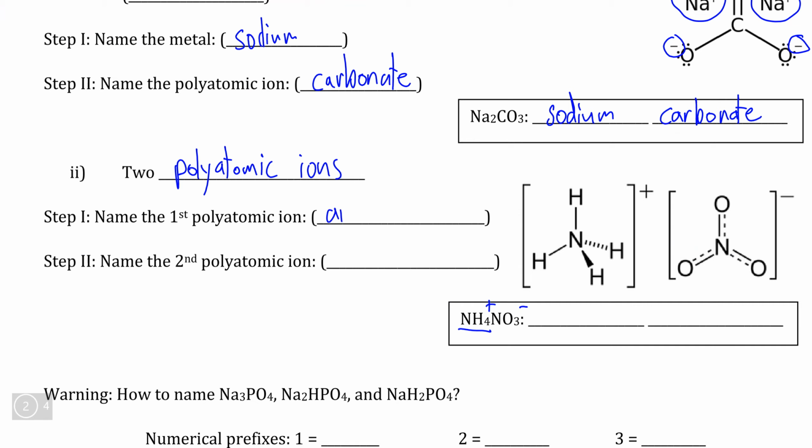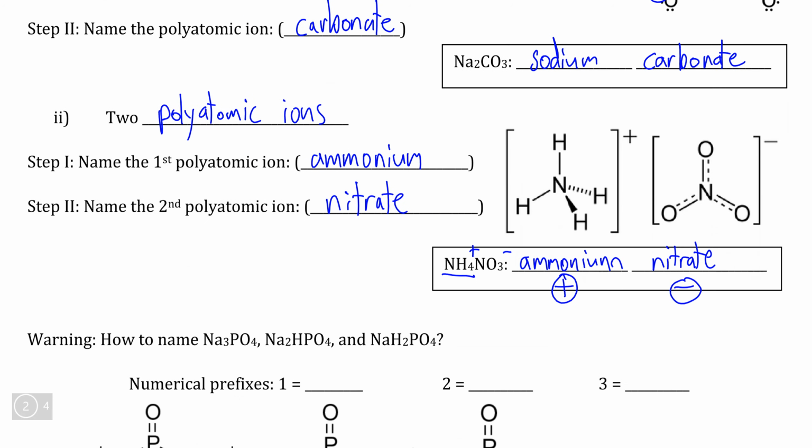So now that we have the names of both our polyatomic cation, ammonium, and our polyatomic anion, nitrate, all we need to do is put those names together, and we can see that the name of our compound would be ammonium nitrate. Just the 2 polyatomic ions, one after the other, and remember that the cation is always written first, and the anion is always written second.